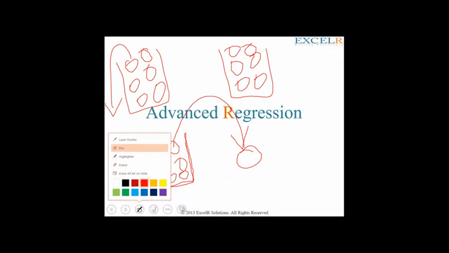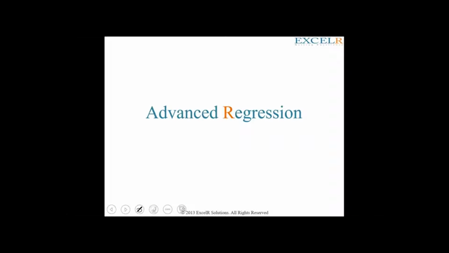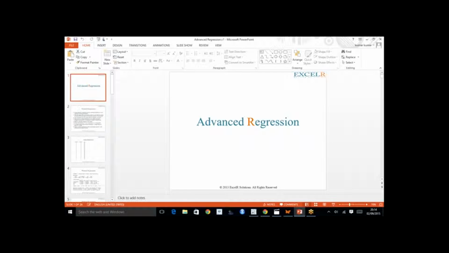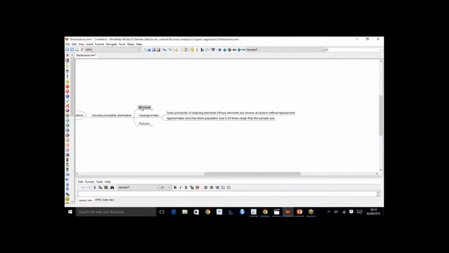If you are going to replace, and each time your experimental conditions remain the same, then you go with binomial distribution. If each time your experiment changes, then you go with hypergeometric. So this is an experiment performed without replacement. If it's with replacement, then you end up using binomial distribution.